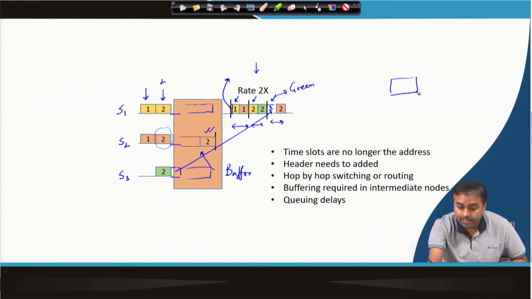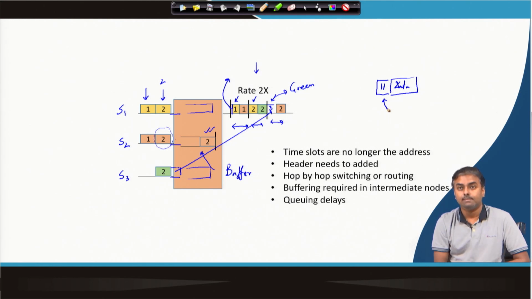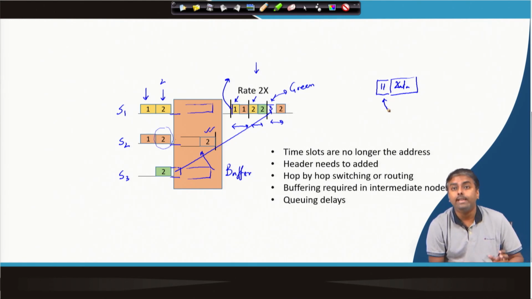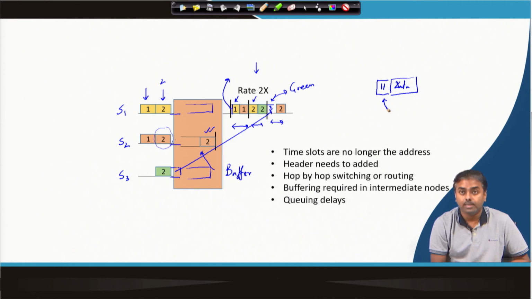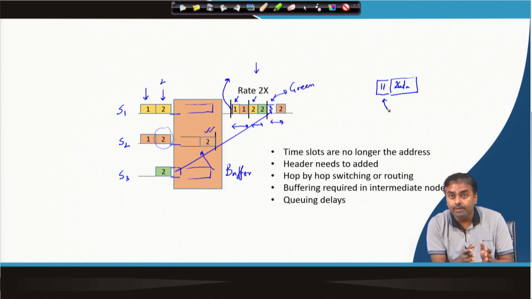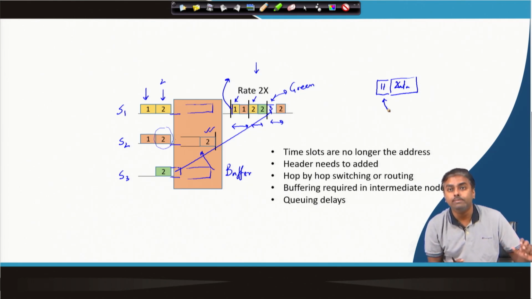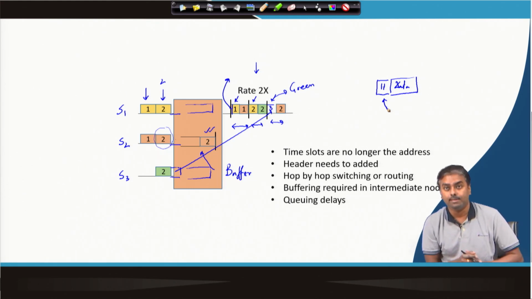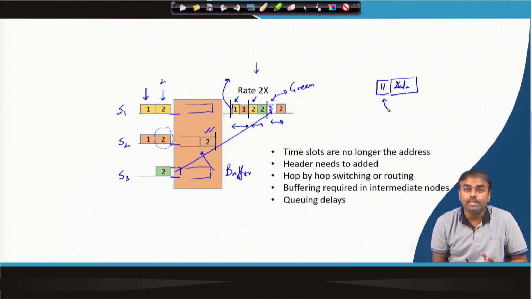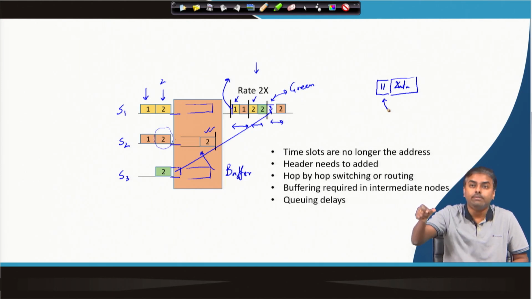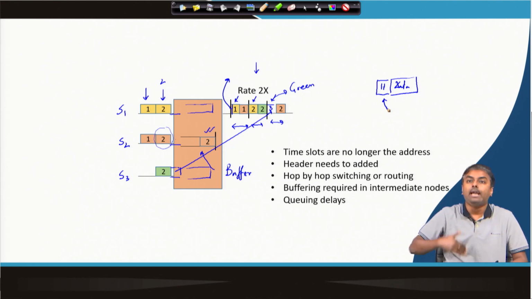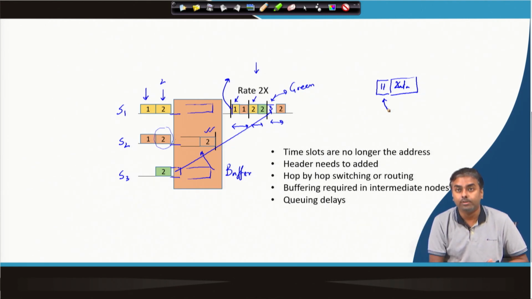Earlier that was not required, but now the data will have a header associated with it. This is the redundancy you are adding just to identify where it is coming from. Every data will have its own identifier, saying where it is coming from and where it wishes to go, and that identifier is now carried with the data. Earlier in a circuit switched network that was not the case: your location in time was already the address, so you did not have to add any other identifier.